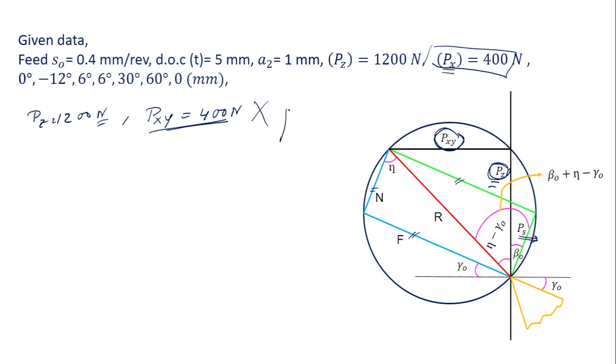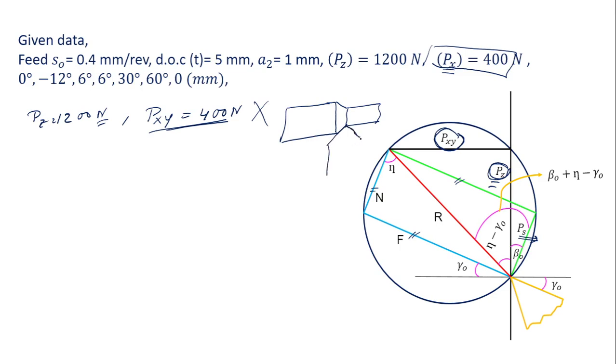If I draw a simple turning operation, let's say like this, this is our machined surface, this is my workpiece job, the remaining portion, and this is my cutting tool.